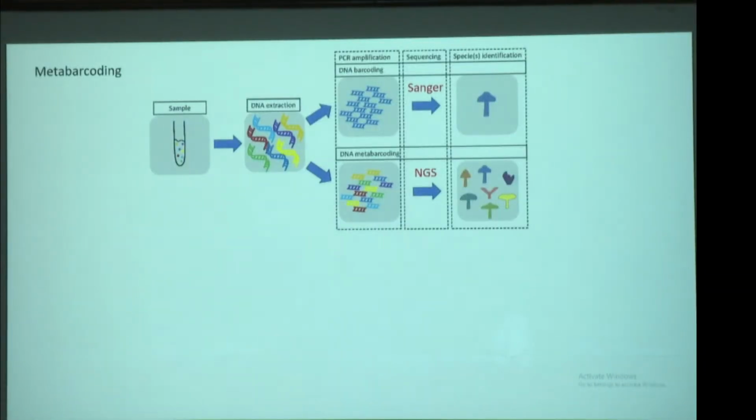So coming to the purpose of my visit to the lab, I went to learn how to analyze metabarcoding data. First, let's see what barcoding is. Barcoding is sequencing a genomic region for identification of a single species.